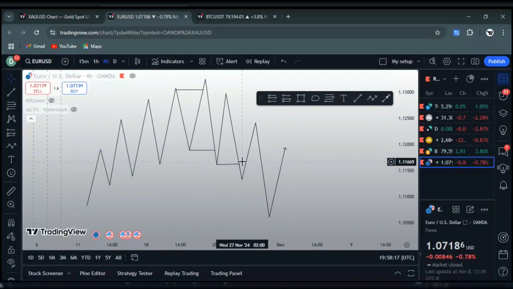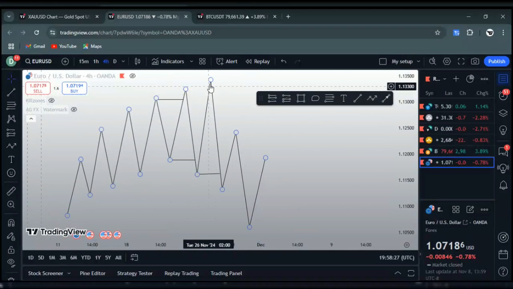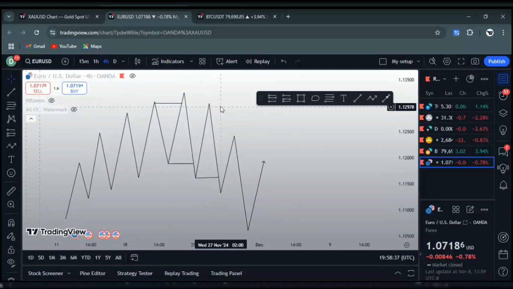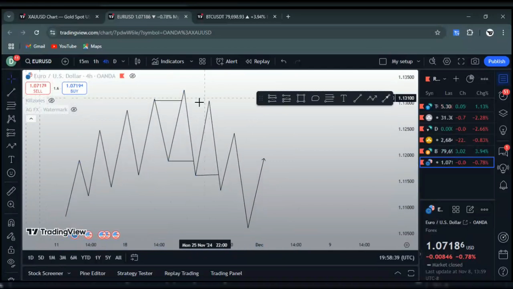Because the market can be funny in the sense that it might break this valid low and still go up and break this high, thereby trapping you into selling. So I don't want to complicate issues. When we come to entry model and POI, I'm going to clarify this particular scenario.